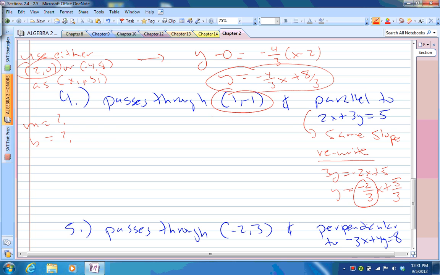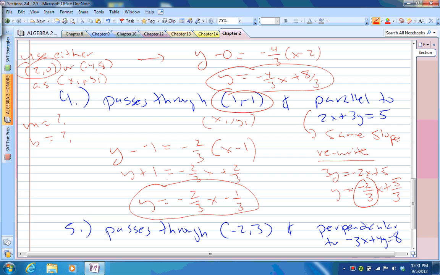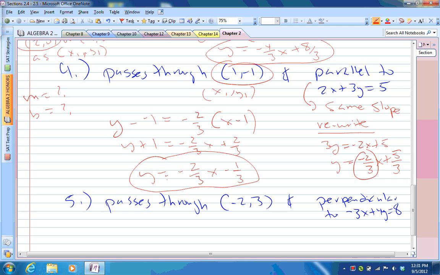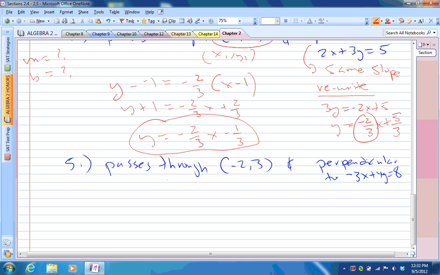And we're going to pass through this point, which we can call x1 and y1. So y minus negative 1 equals negative 2/3 times x minus 1. y plus 1 equals negative 2/3 x plus 2/3. y equals negative 2/3 x minus 1/3. And by the way, you can always check your work by just plugging in the points and seeing if it works out.